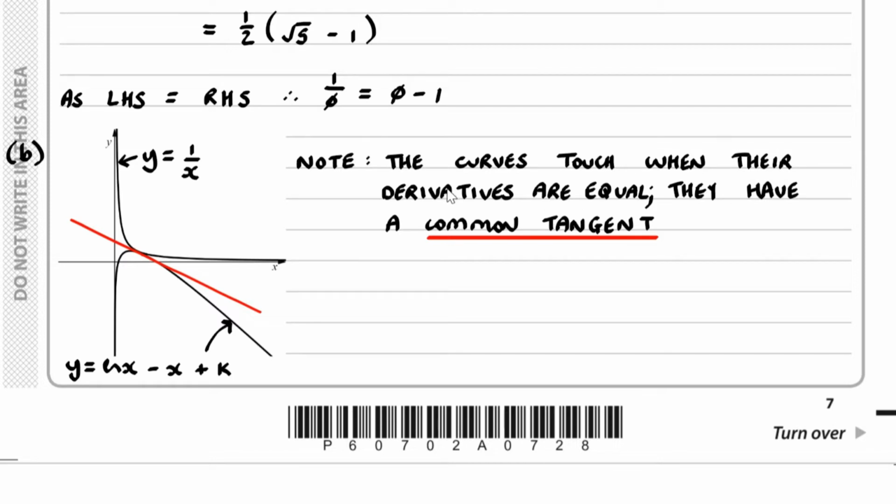So for part B, the curves touch when their derivatives are equal. In other words, they've got a common tangent. So here we can see our two curves, they've got this common tangent, and that's when the two curves touch each other, when their derivatives are equal and they've got a common tangent.